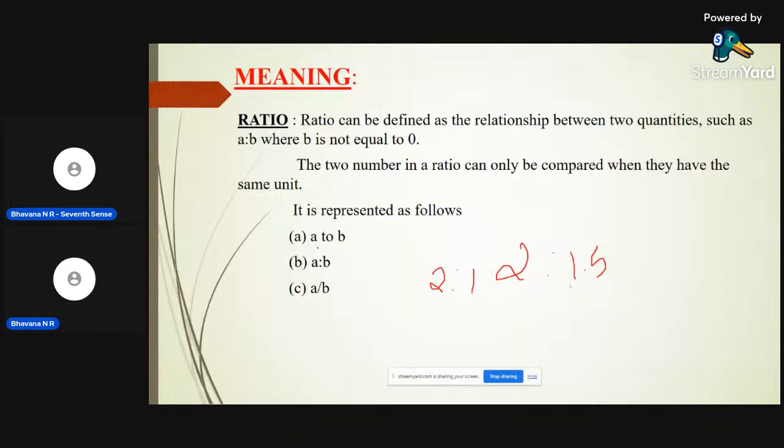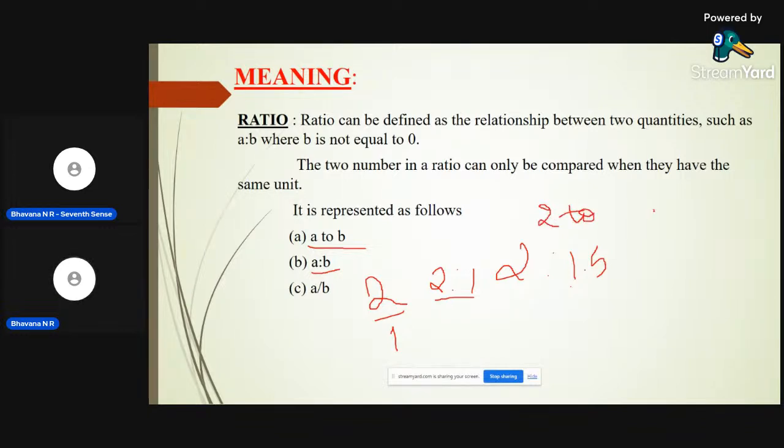We can write a ratio in this format, in the A is to B format, and in the A by B format also. In this, we can solve by using the ratio: we can write 2/1 for 2 to 1.